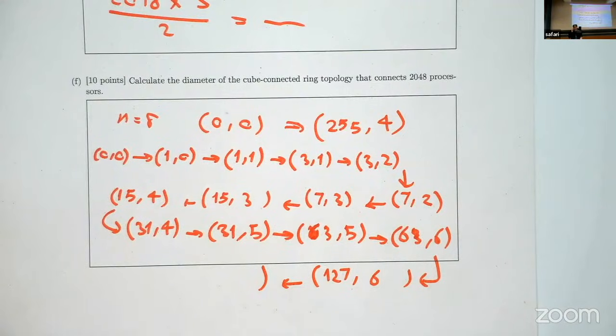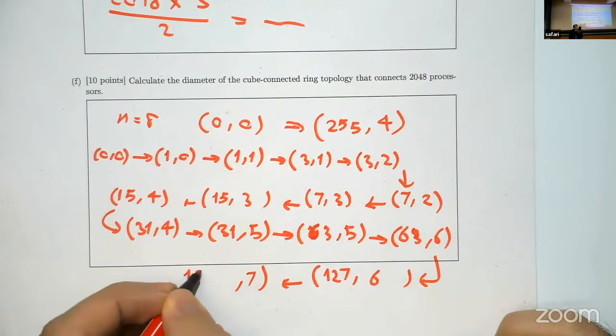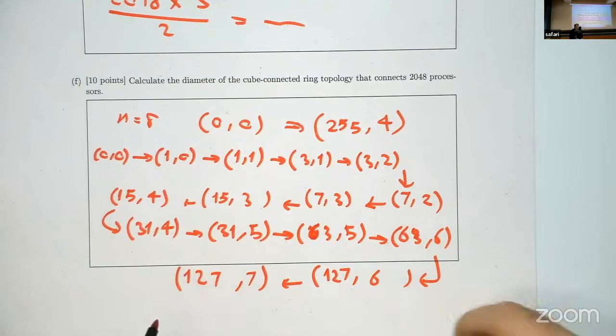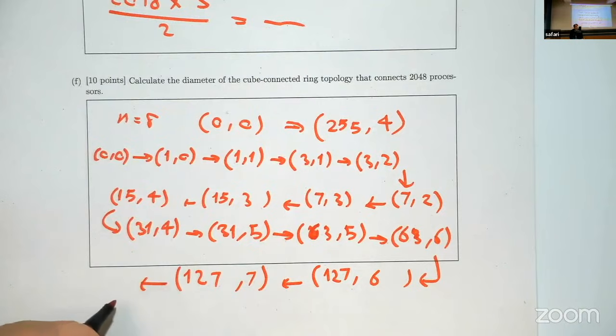Or do we? I think it's going to be similar, but yeah, exactly. We need one more, otherwise we couldn't go to 255. So we need these 7 actually here to make sure that we go to 255. Okay, now we go one link to hypercube, which is 255.